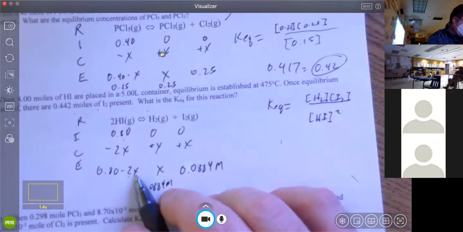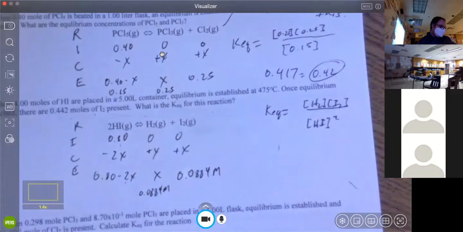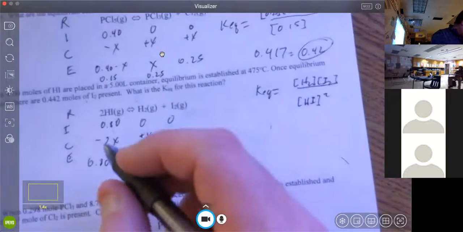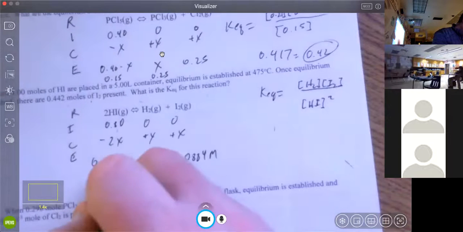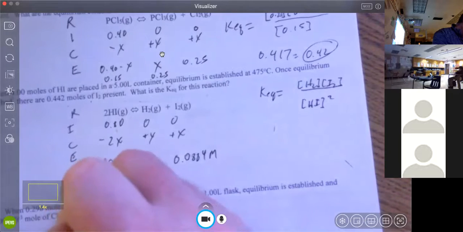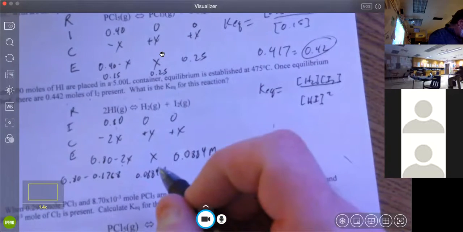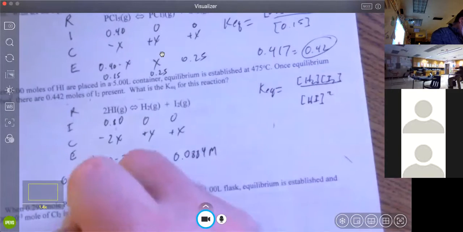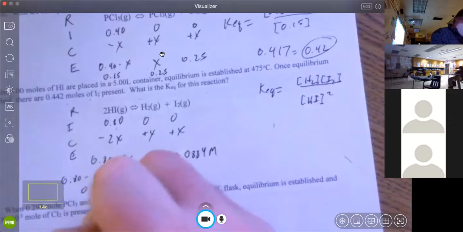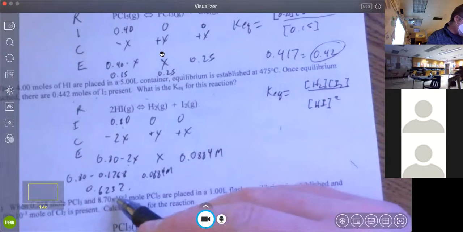And then we basically need to multiply that by 2. 2 times 0.0884. 0.8 minus 0.1768. So we get 0.6232 for the reactant.